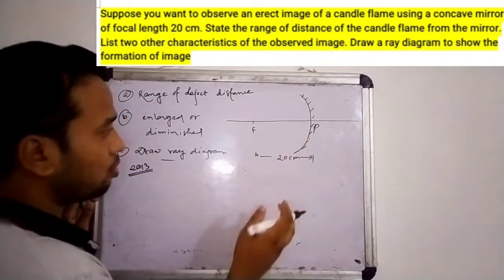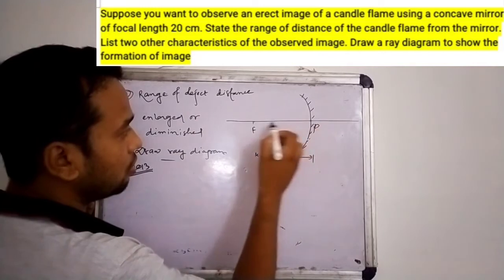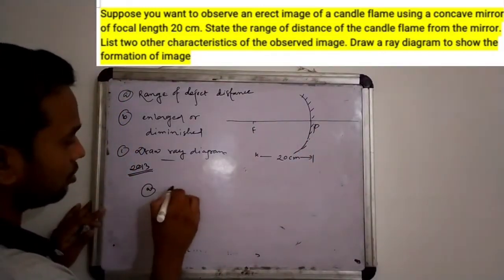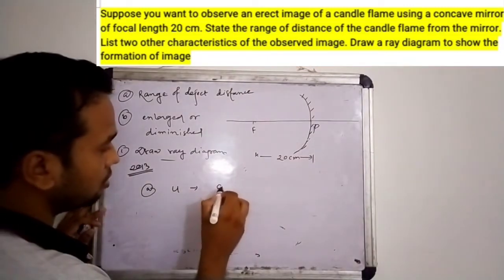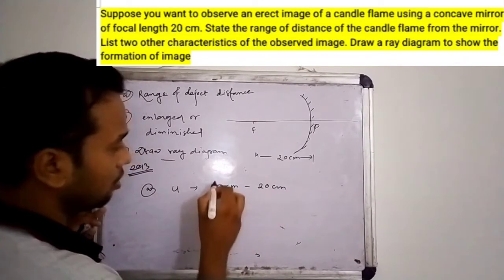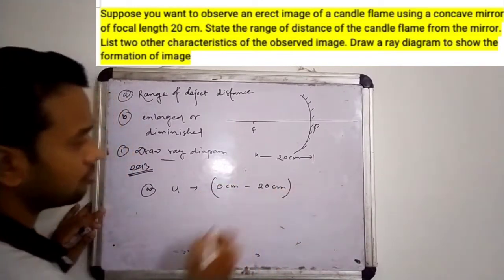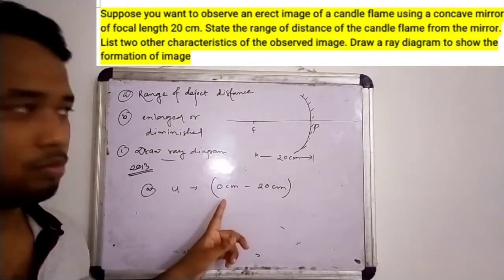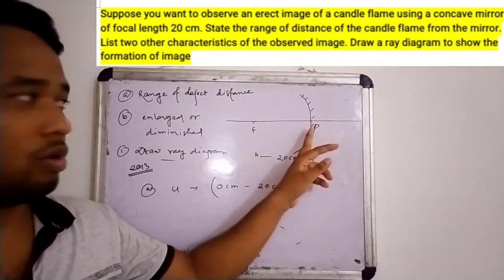That means we have to put the object within this region only. So the range of object distance will be 0 to 20 centimeter. The object distance can't be 0 because we can't put an object at the pole.